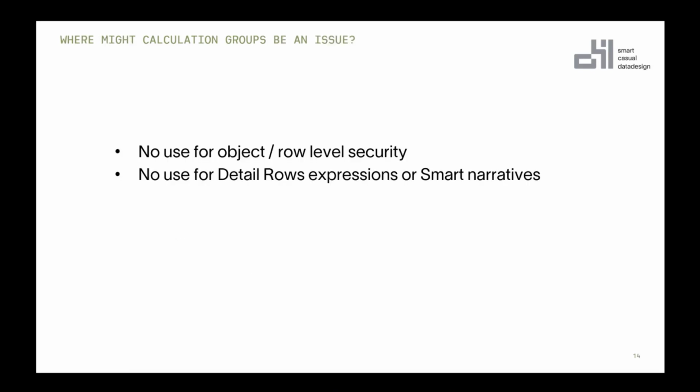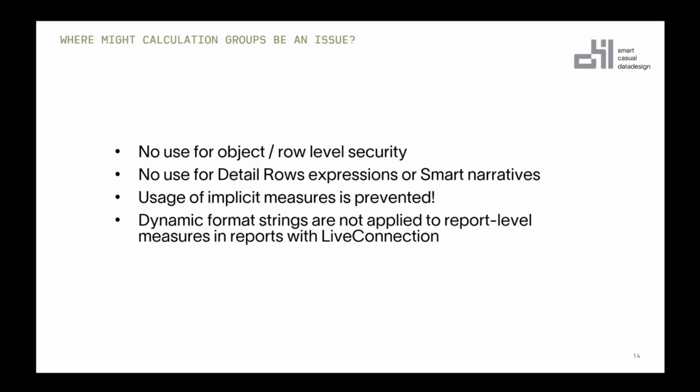Issues: if you want to use it for object or row level security, you cannot use it for detail rows, expressions, or smart narrative. I already mentioned the implicit measures. And very important, if you define dynamic format strings and you're using reports created with the Power BI dataset connection against this dataset, report level measures created inside the report will not consider the dynamic format strings.